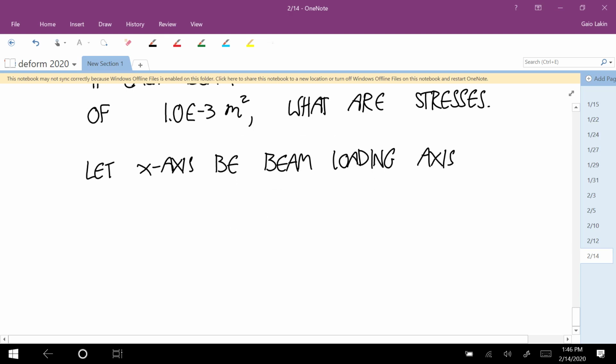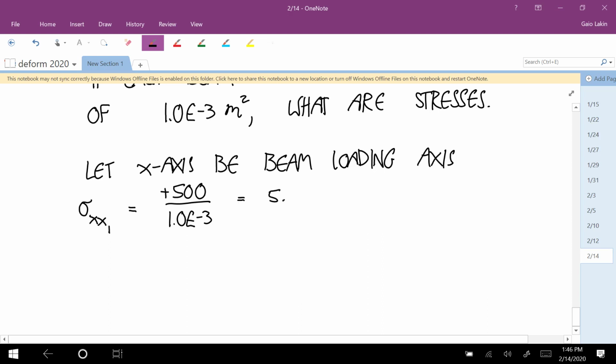Then the x-axis stress for member 1 is positive 500 divided by 1 times 10 to the minus third.